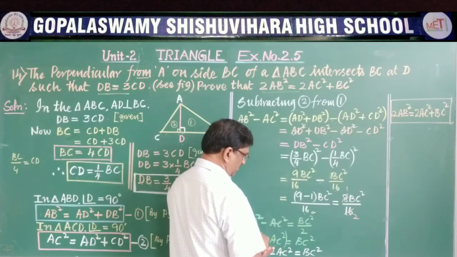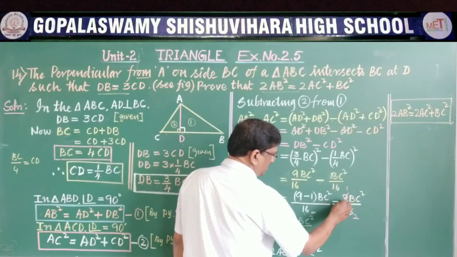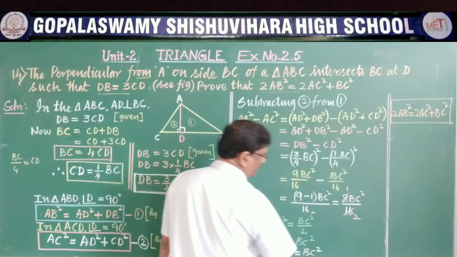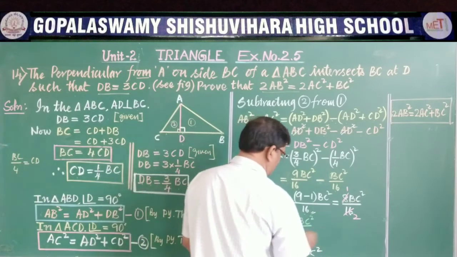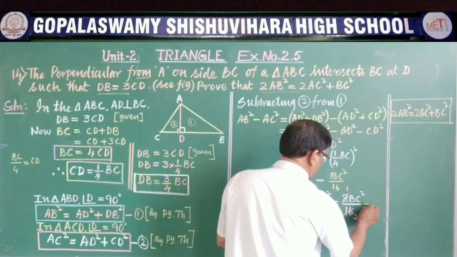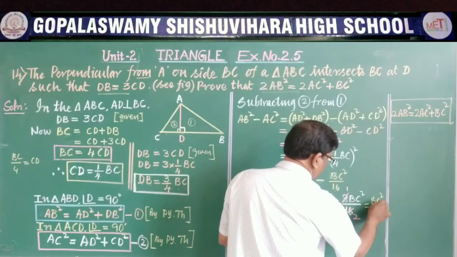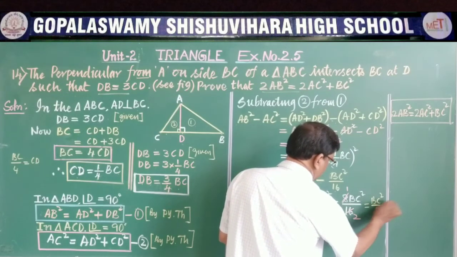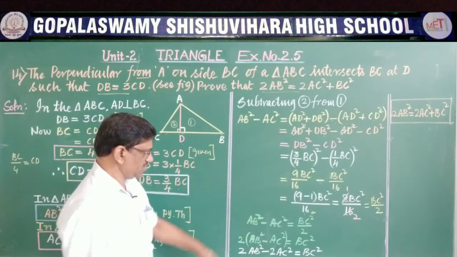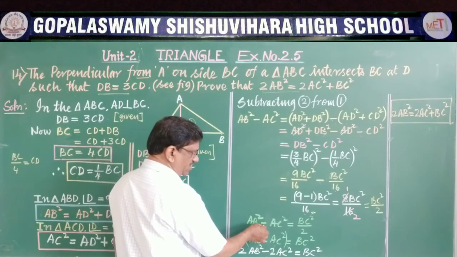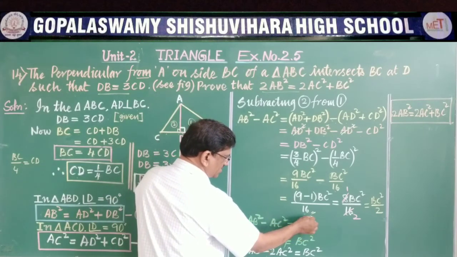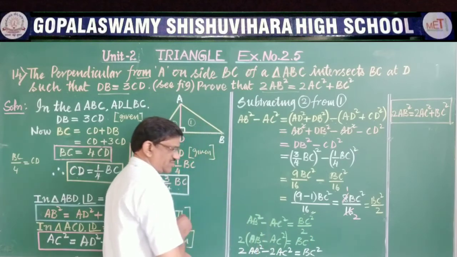You see children here, 8 ones are 8, 8 twos are 16. So what remained here is BC square divided by 2. So in the left hand side, AB square minus AC square is equal to BC square divided by 2.